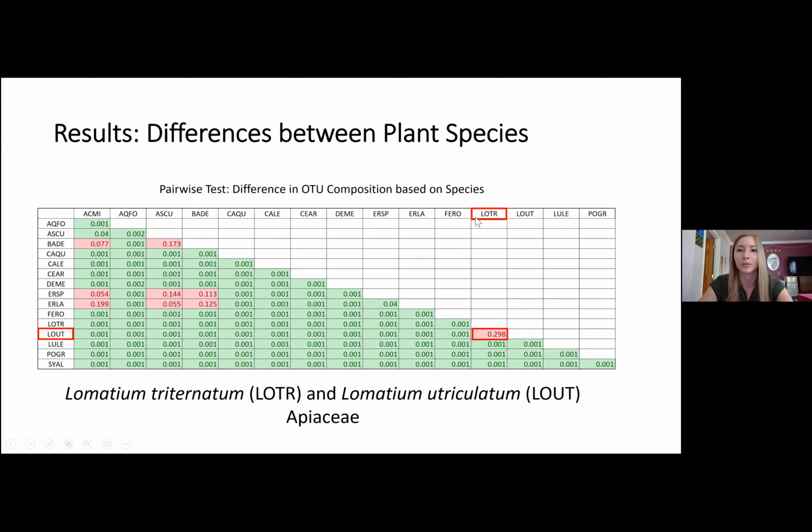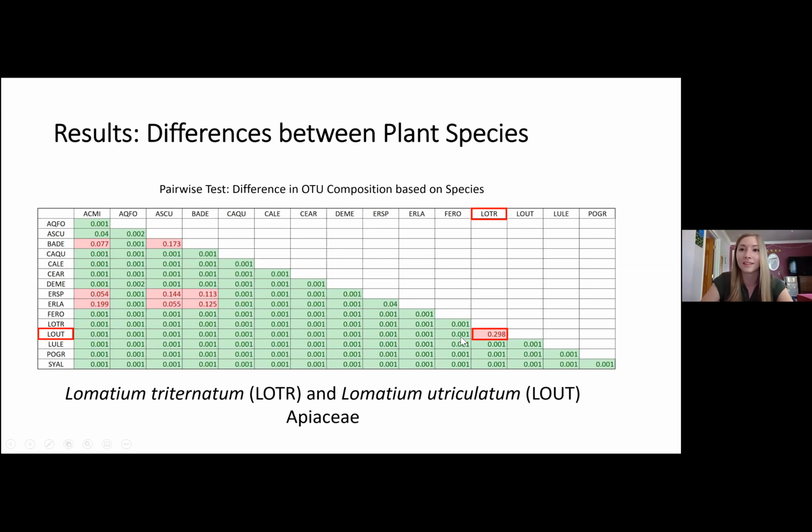Looking at this example, this is loader and lout, and both of these plants belong to the Apiaceae family. So it's possible that the similarities shared between these species belonging to the same family led them to have statistically insignificant differences in OTU composition, or very similar OTU composition.